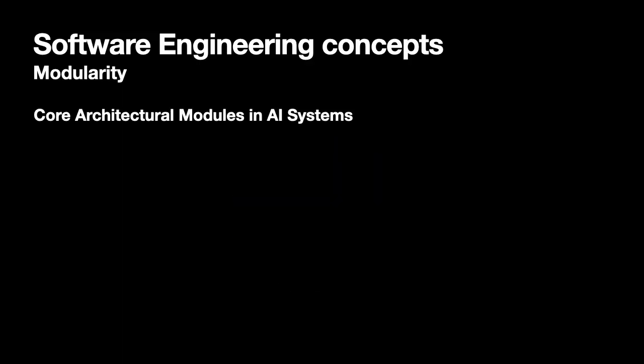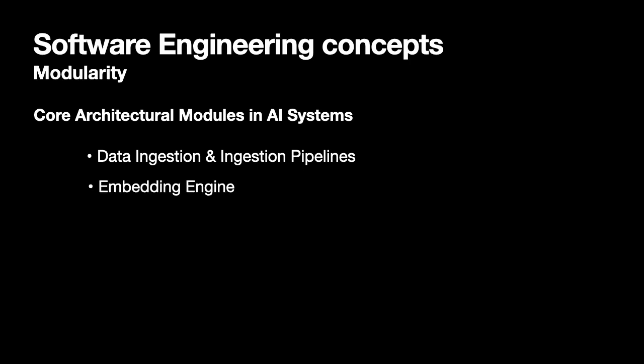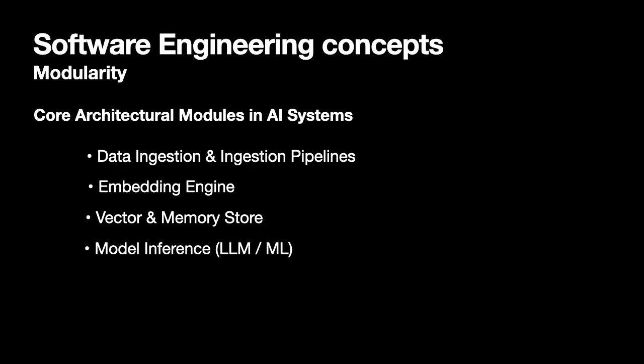Core architectural modules in AI systems are data ingestion pipelines, embedding engine, vector and memory store, and model inference, LLM or ML.